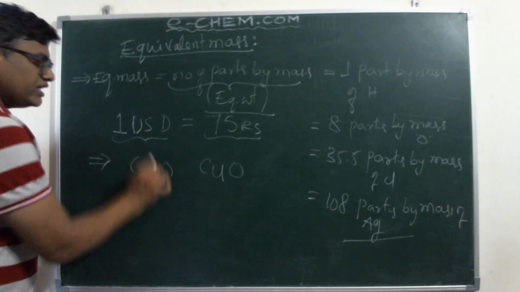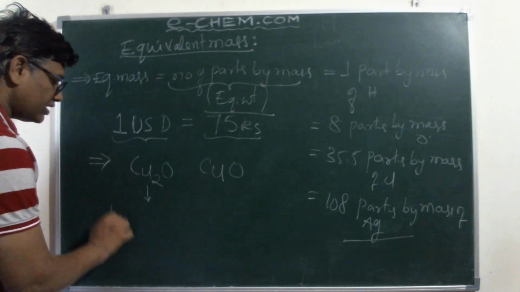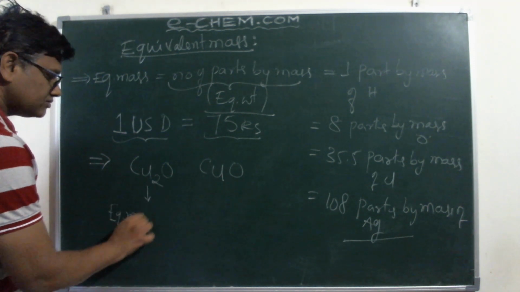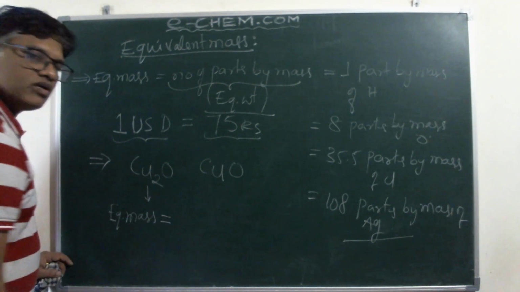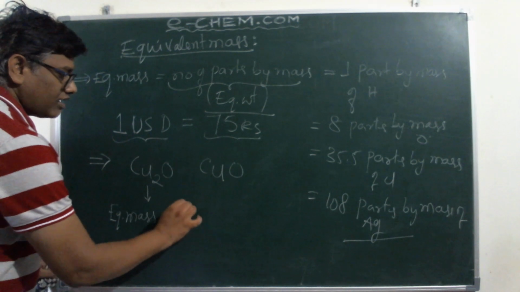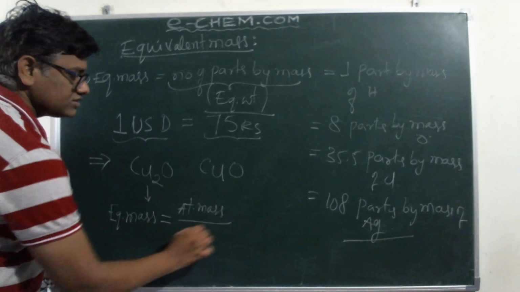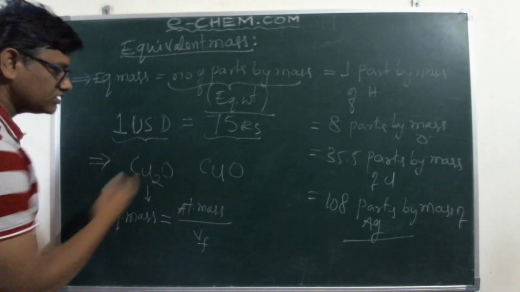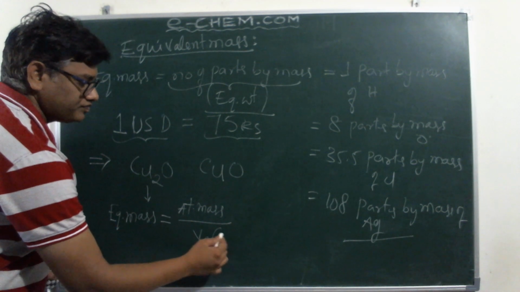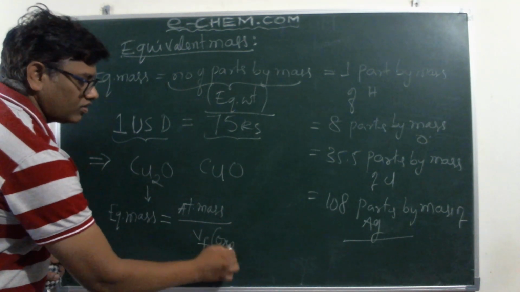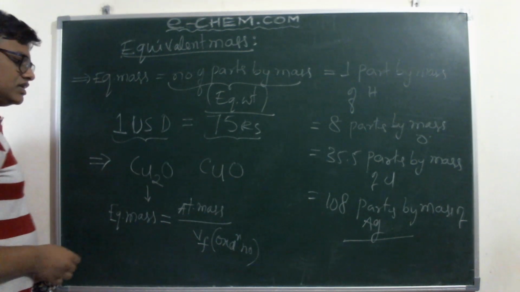To calculate the equivalent mass of any element, you have to use the formula: equivalent mass of any element is equal to the atomic mass of that element over its valency factor. The valency factor we can generally take as the oxidation number.